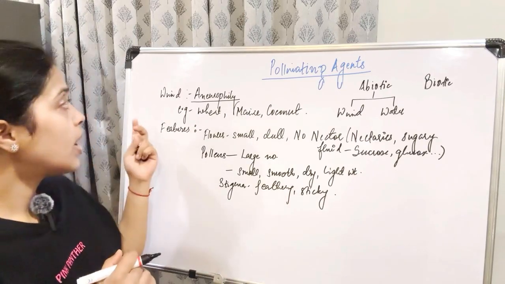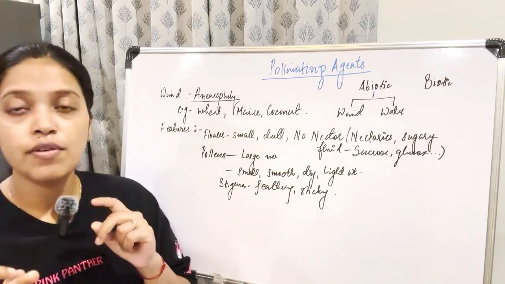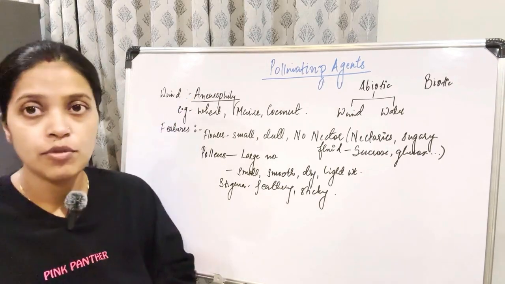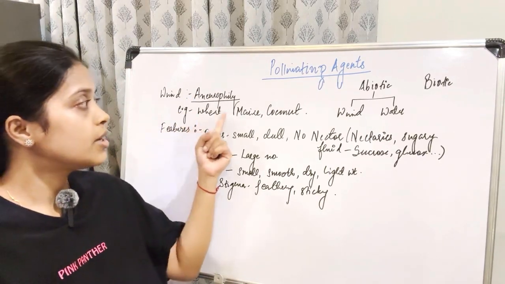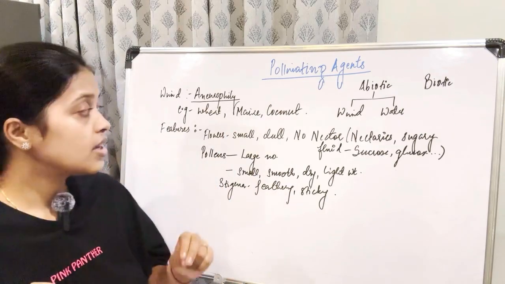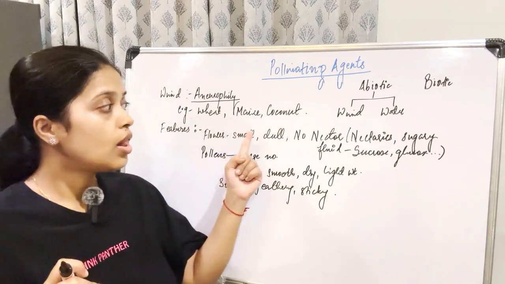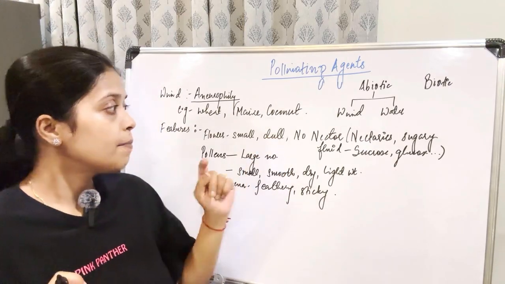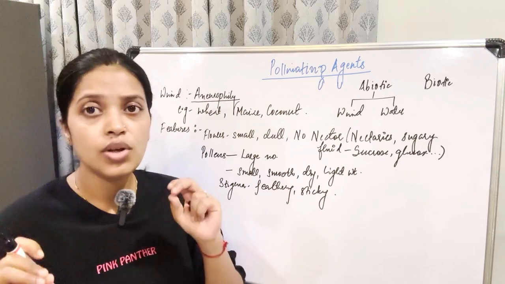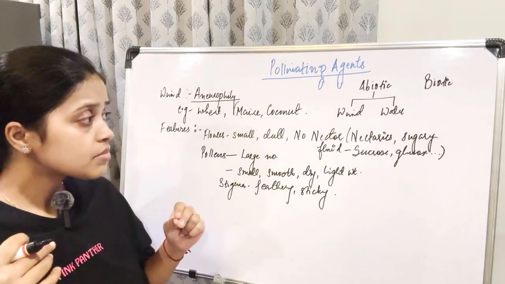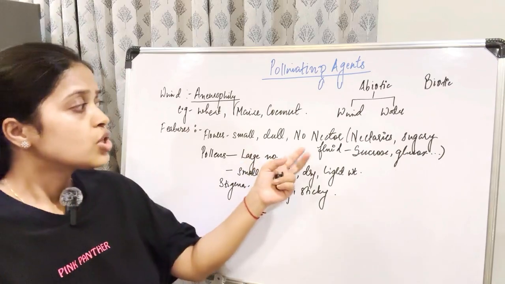Okay, so you understood, when the pollination of a flower is occurring through the wind, it is called anemophily. The examples are wheat, maize and coconut. The characteristic features of the flower here are: the flower is small, dull, and it doesn't produce nectar. Nectar is the sugary fluid which consists of glucose, fructose, sucrose.